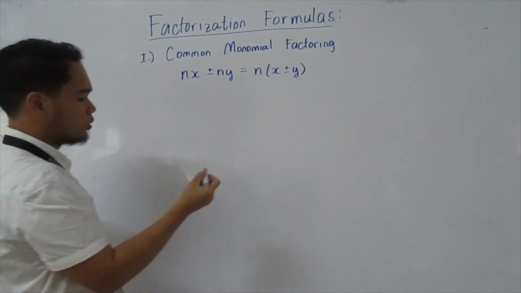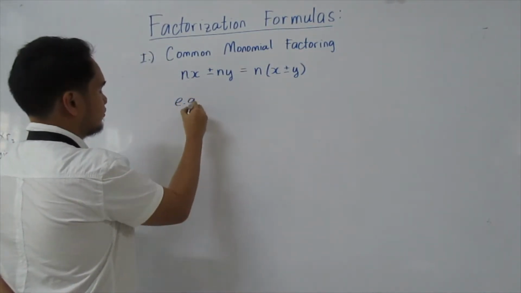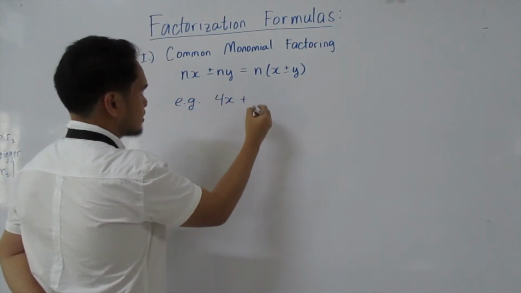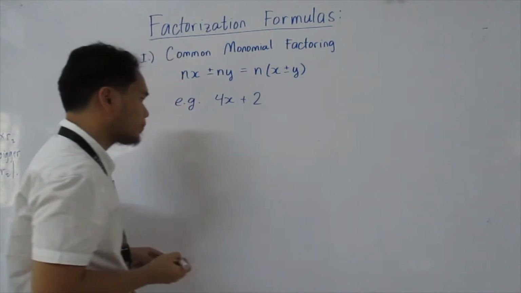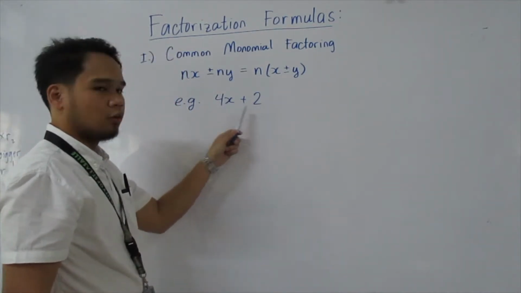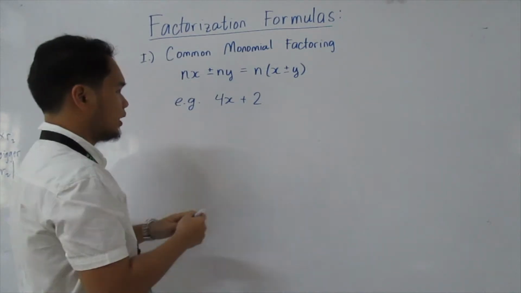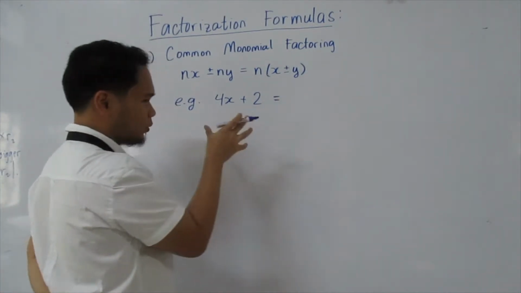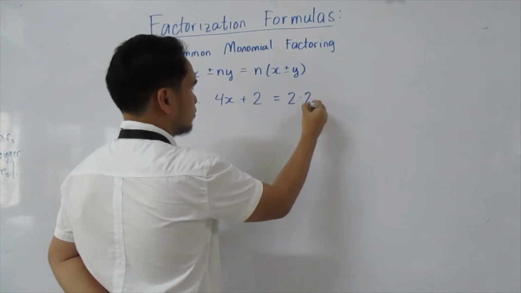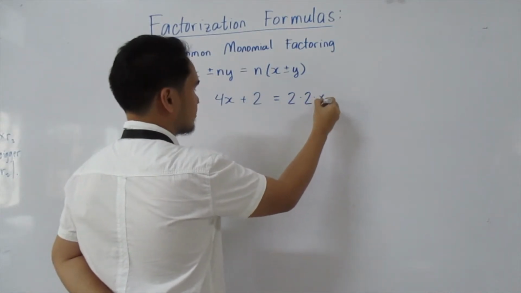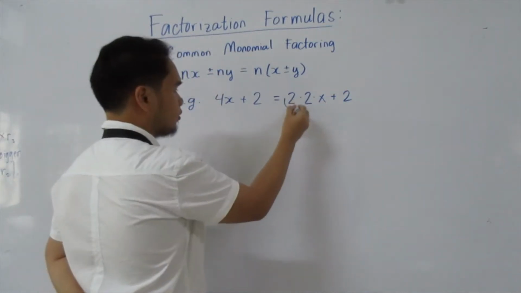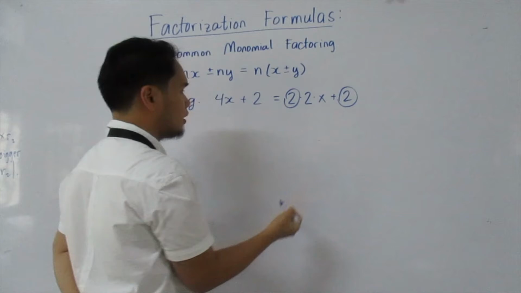To see some examples, say you have 4x plus 2. As simple as that. We can see that in 4x plus 2, there's a common factor of 2. If we prime factorize everything, this will be like 2 times 2 times x plus 2. So you can see that there's a common factor of 2 here and 2 here.